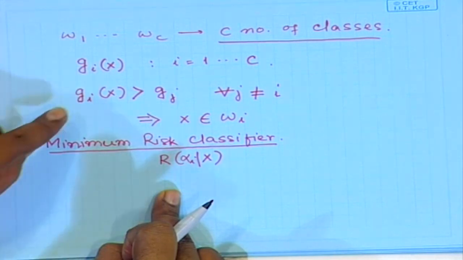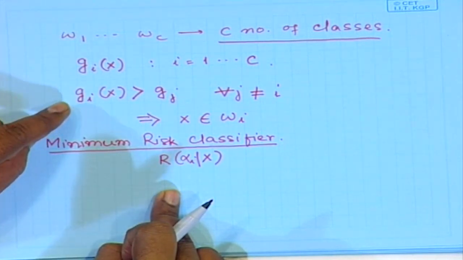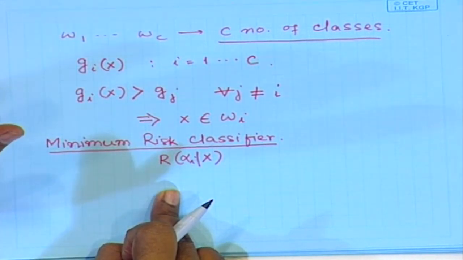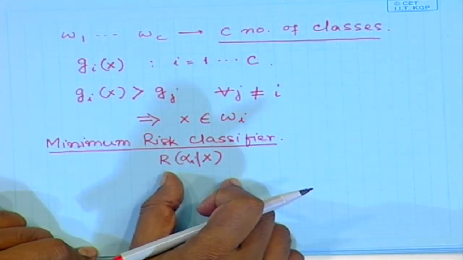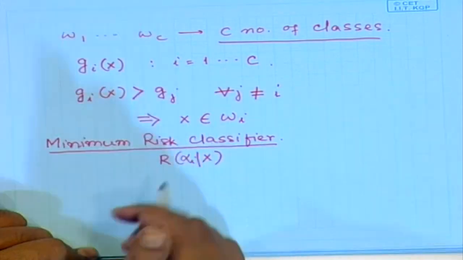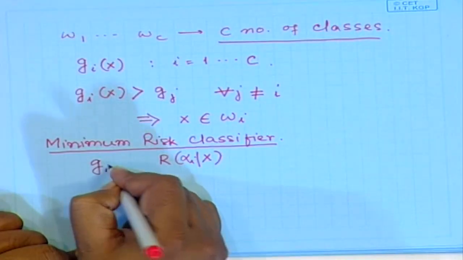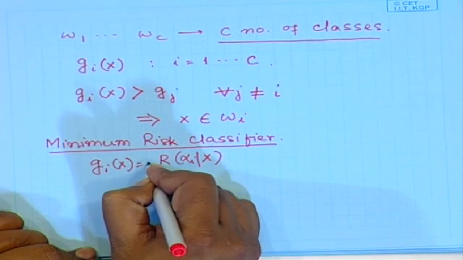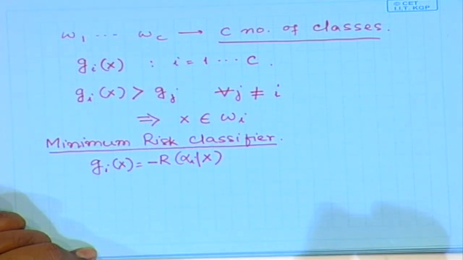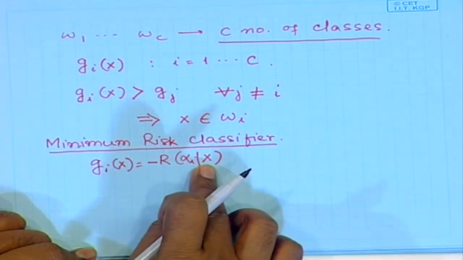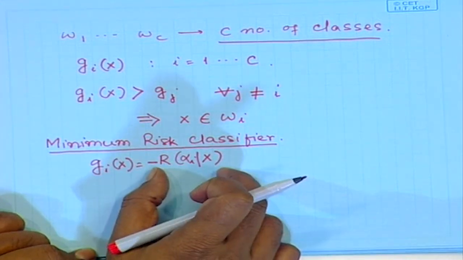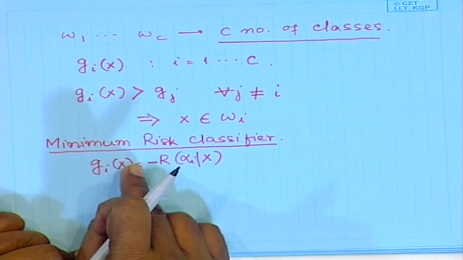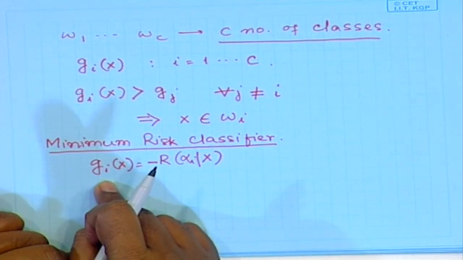But in terms of the discriminant function g i of x, the value has to be maximum. So, to relate the risk function with the discriminant function, I make g i of x the negative of R of alpha i given x, because whenever R of alpha i given x is minimum, by negating it, g i of x becomes maximum.